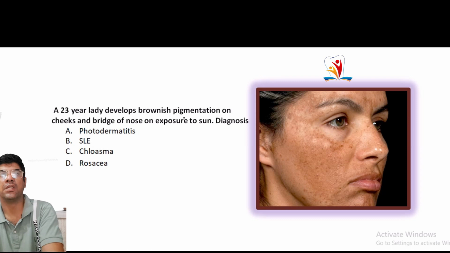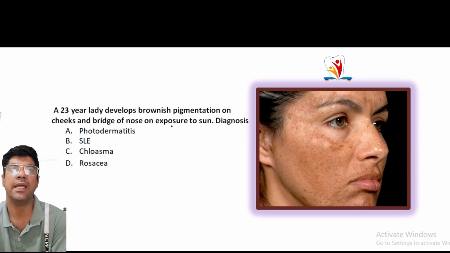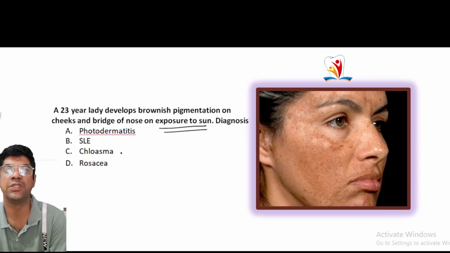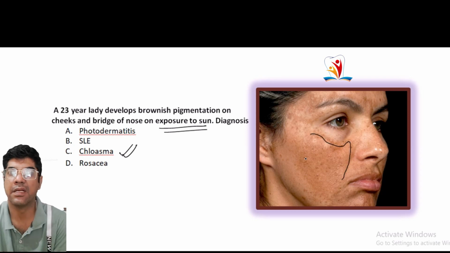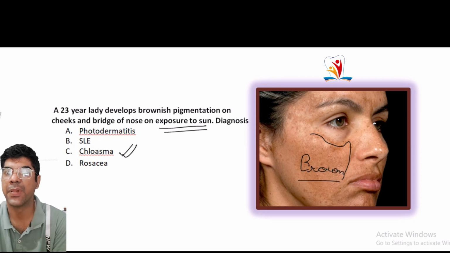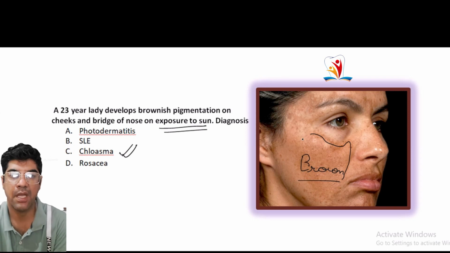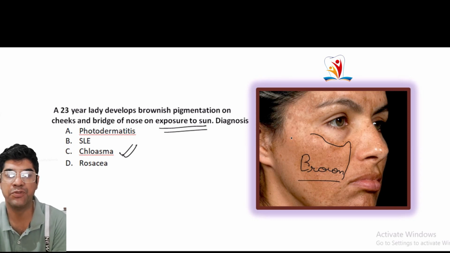The next question, a 23-year-old lady develops brownish pigmentation on the cheek and bridge of nose on exposure to sun. So that is chloasma. Typically there is brown discoloration of the skin, characterized by hyperpigmentation patches on the face, especially in areas exposed to sunlight.